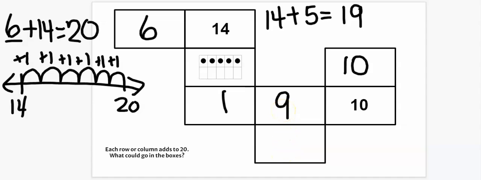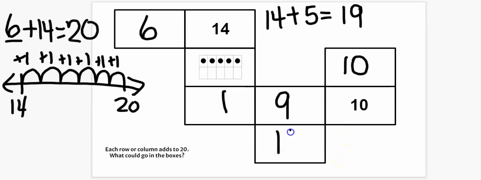Well, the box above it is going to help me because this column here has to add up to 20. So I'm thinking if this were 10, that would be 9, and that would be 19, and that would not be enough. But if I just had 1 more, that would make 20.